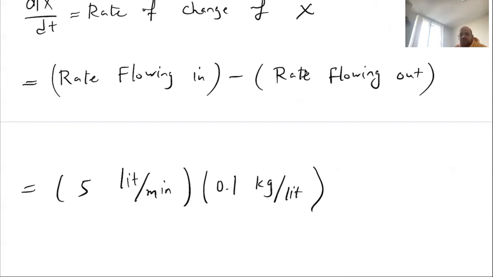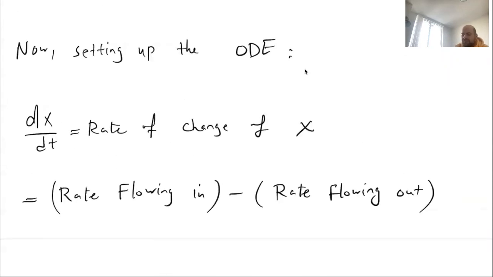See, one way to verify that your answer is correct is that dx/dt must have the unit kilogram per minute. So to verify your answer, you can look at the units. Do the units match in the left-hand side and right-hand side? In the left-hand side, the unit is kilogram per minute, because X I'm assuming is in kilogram, T I'm assuming is in minutes.